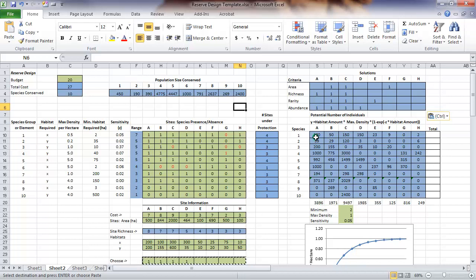However, we could take it another step further and we could say, we want to protect at least a population size of 100 individuals across 3 different sites, and that would give us some replication, some life insurance, so to speak, in case one of those sites has a bad year.